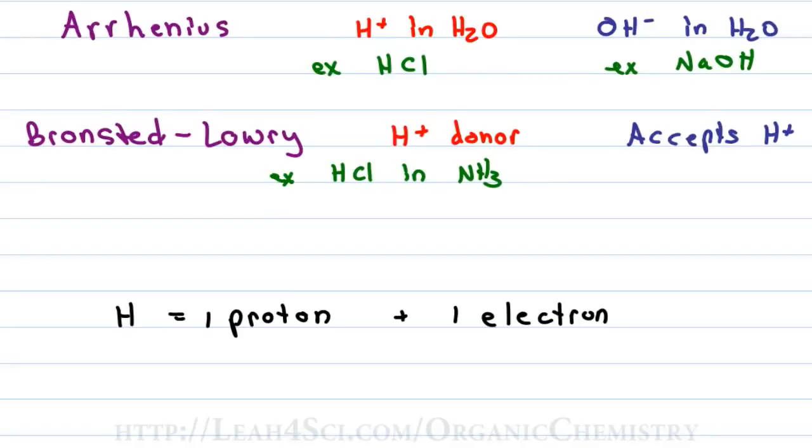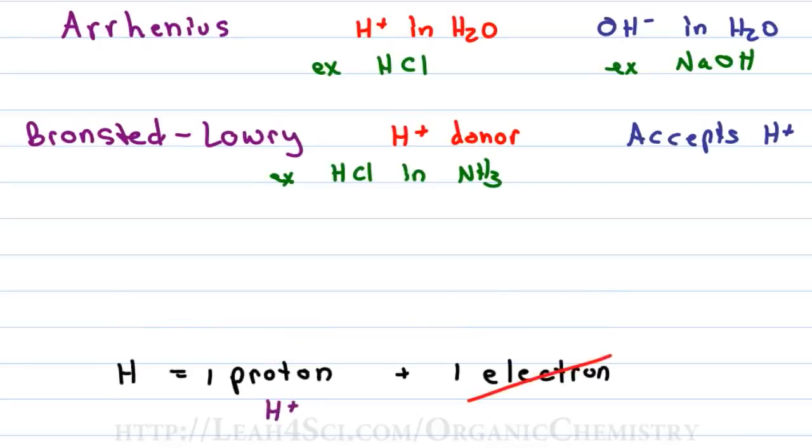If I take that hydrogen atom and turn it into a cation or a positive ion, what I'm doing is removing that electron, removing that negative which balanced the positive, and that leaves me with an H+, which is simply a proton because there's nothing else there. So an H+ ion is a proton. Don't forget that. An example of a Bronsted-Lowry base, if we're looking at the ammonia solution, would be ammonia, because the ammonia will react with a hydrochloric acid and accept that proton to give you NH4+.